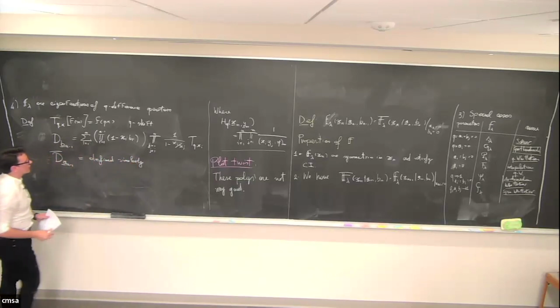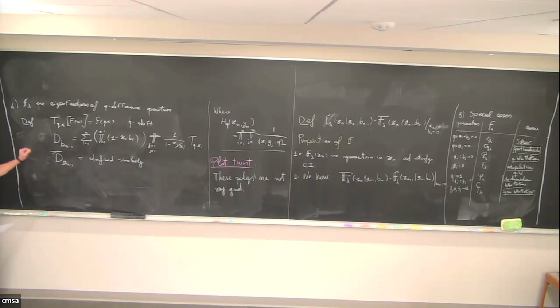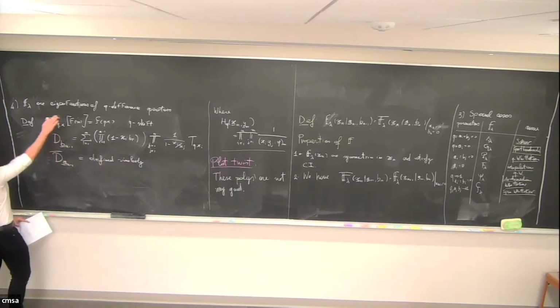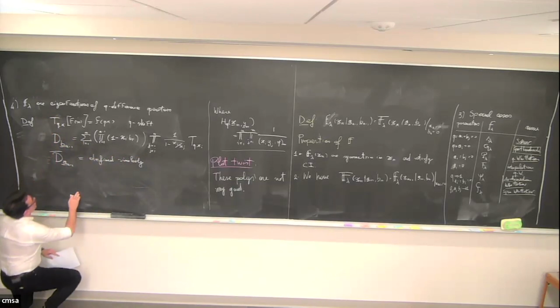So there are two families of q difference operators, D and D bar. D depends on the parameters b, and D bar depends on the parameters a. And in fact, I promised you some eigenfunction relation.